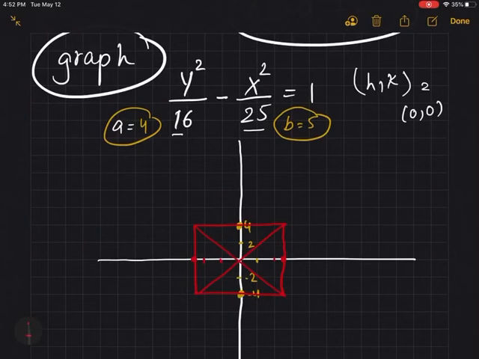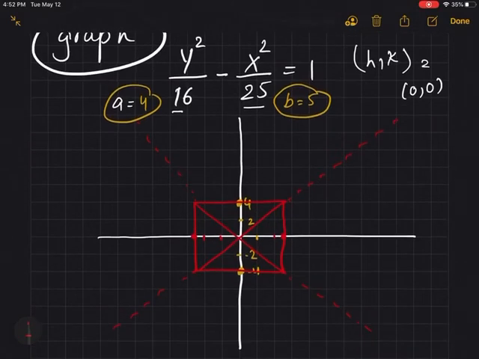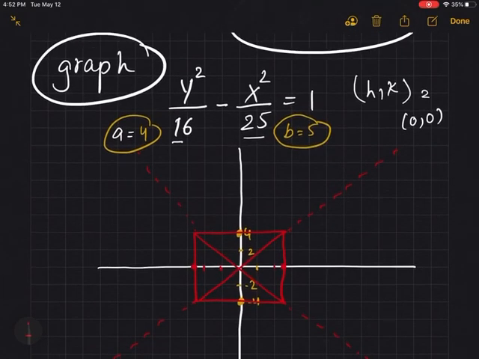Okay, once you have that, now just extend these lines. Basically, these lines are the asymptotes of this hyperbola. Okay, almost there. Now, since we already know y comes first, it means the vertices are going to be on the y-axis. So these are the points for the vertices.